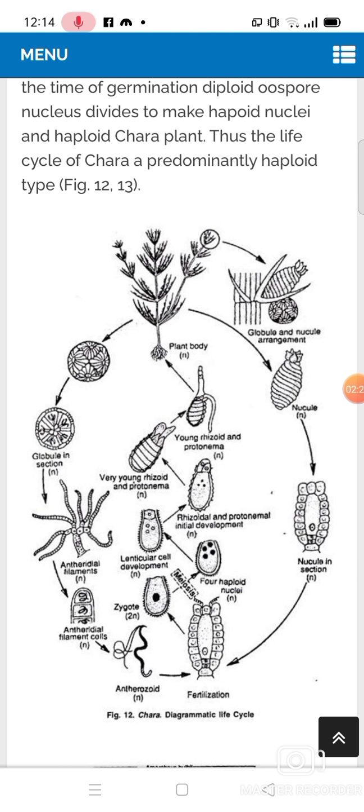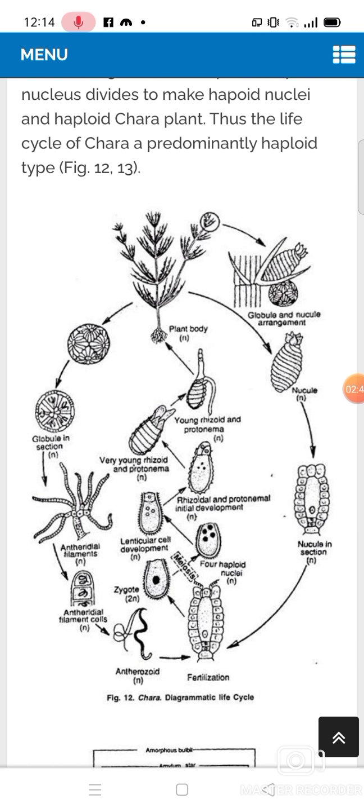When the male and female sex organs mature, the egg and the sperm cells fertilize, and after fertilization a diploid zygote is formed.